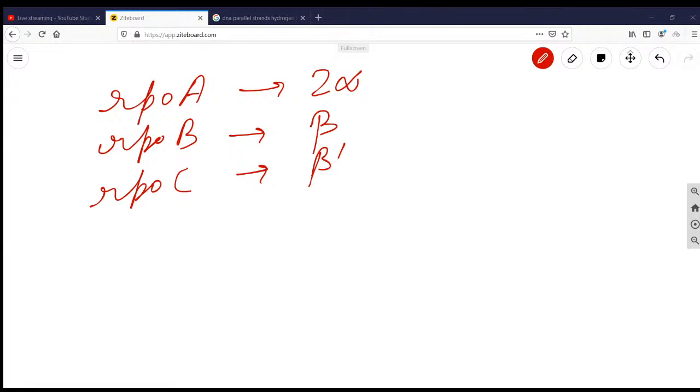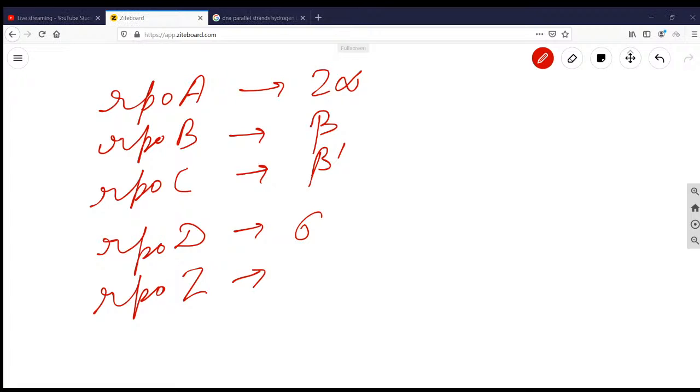Then rpoD will be your sigma subunit. And rpoZ will be your omega subunit. So these are the genes that code for these specific polypeptides that make up the entire RNA polymerase.